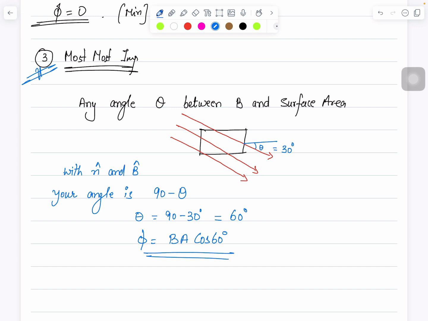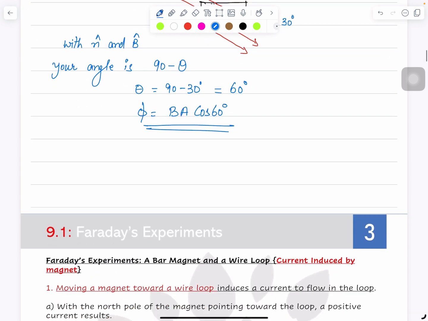Now you understand? Okay. So we are solving flux, which is BA cos of theta. So what is the unit?